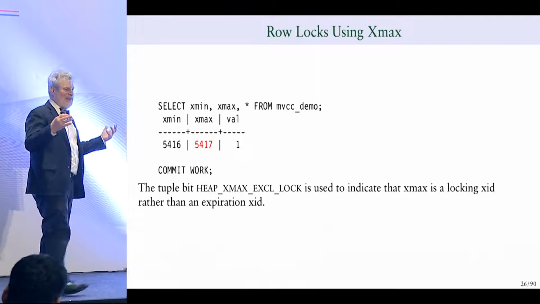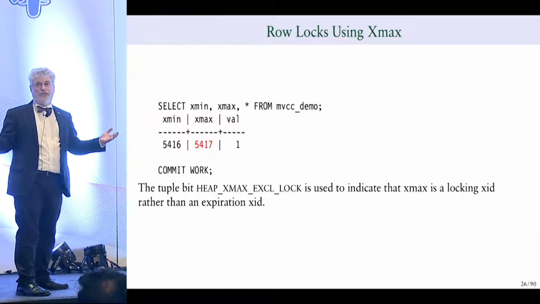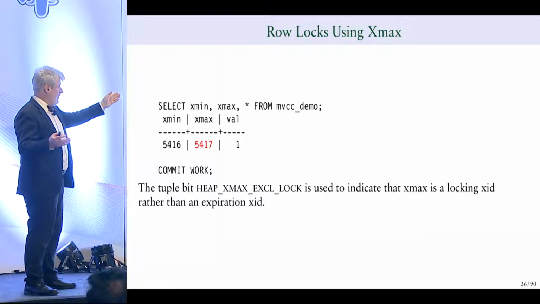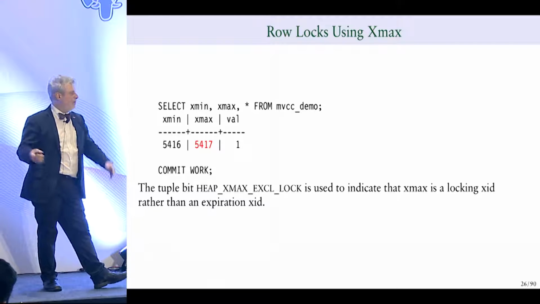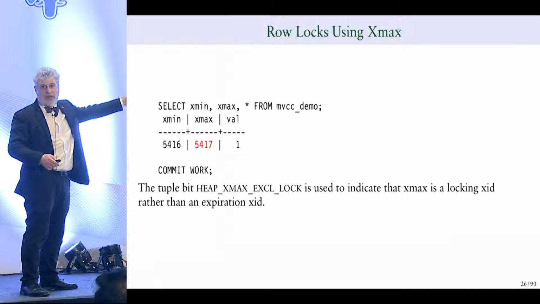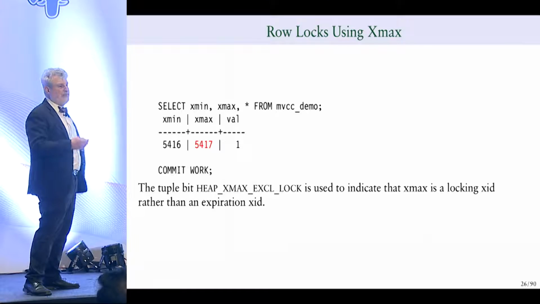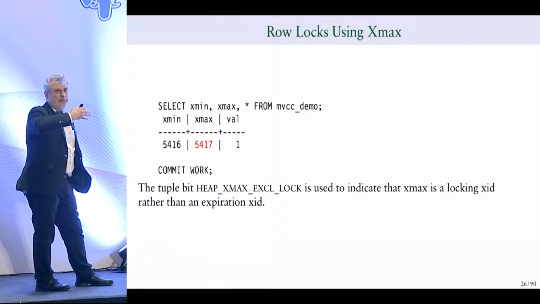Again, you're probably not going to deal with this so much, but if you're doing for update, this is how we do it. We literally put transaction IDs on the row, but we mark it special so it's not considered to be an expire, it's like a row lock. And then you can sleep on that row lock waiting for it to commit, and then you can continue. If you're doing concurrent for updates, this is how we would implement that.